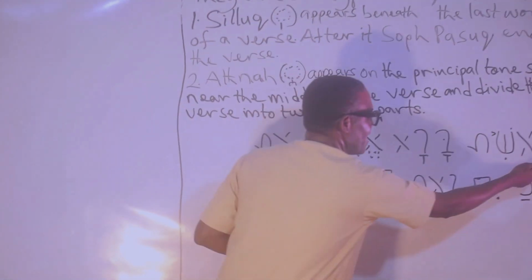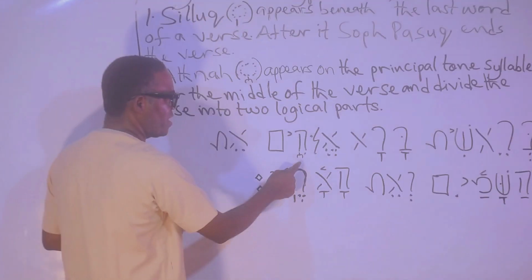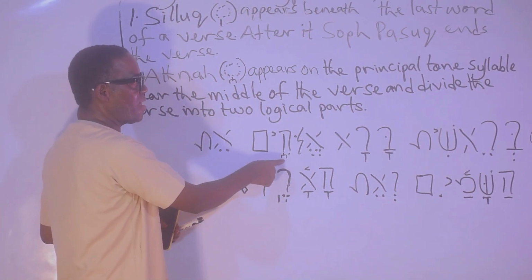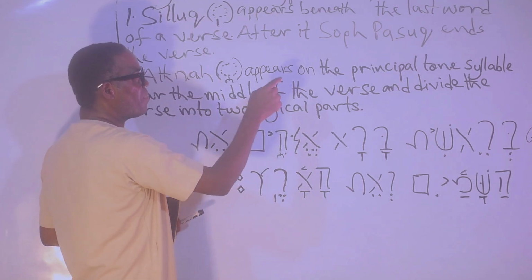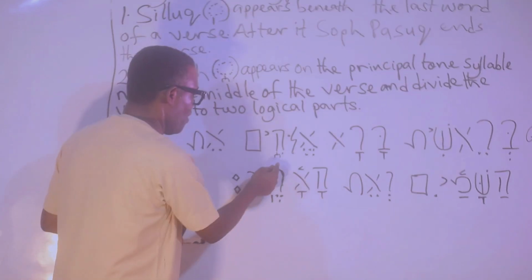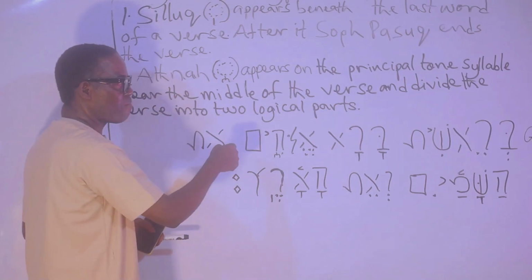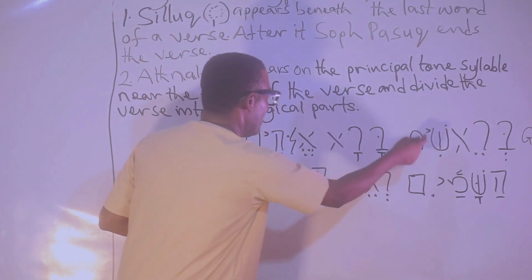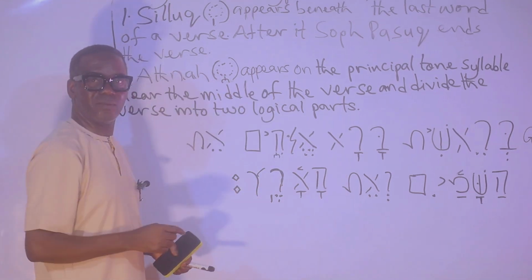Now, if you look at the middle of the verse, you will see Atna. Atna appears on the principal tone syllable near the middle of the verse, and it divides the verse into two logical parts. So here now we have, in the beginning, God created.